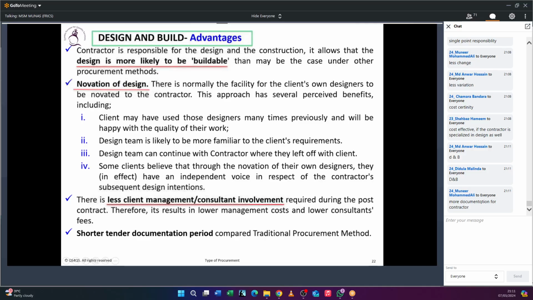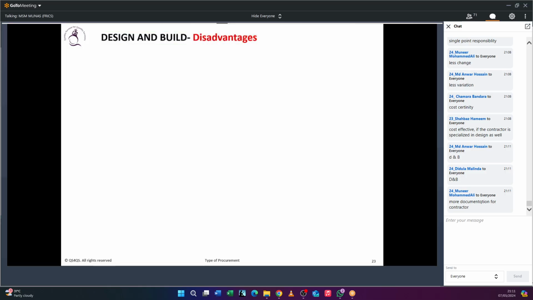He needs to prepare the models, he needs to prepare the BOQ considering all the risks, so it's hard for him. But anyhow, overall duration is lesser compared to the traditional. It is also capable of conversion to a guaranteed maximum price.